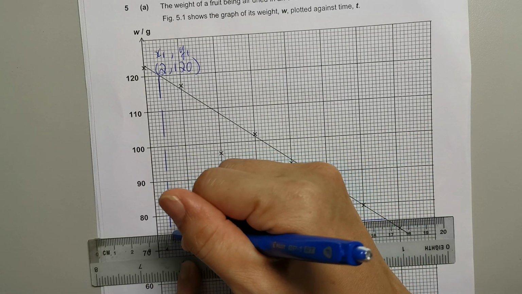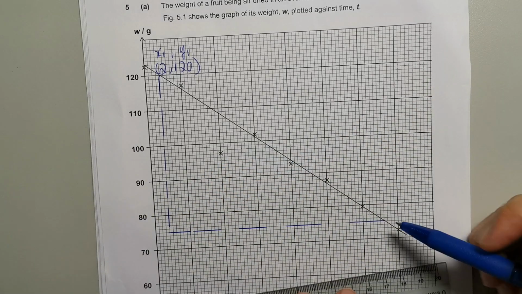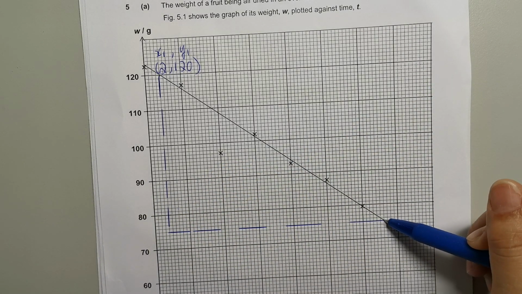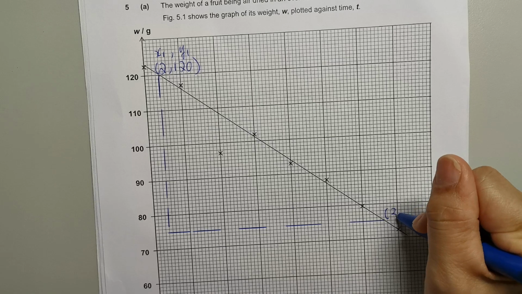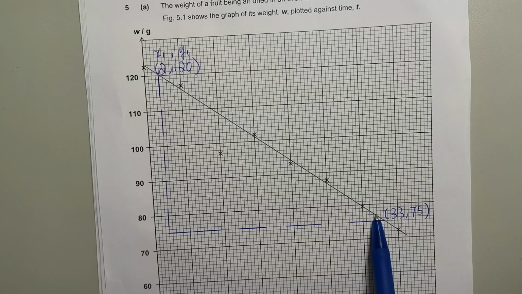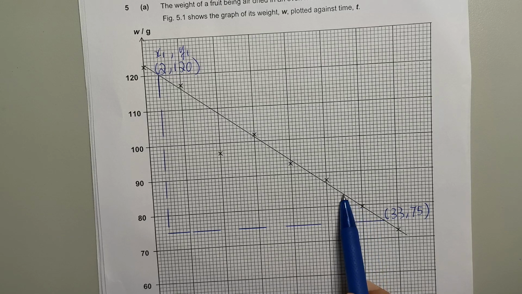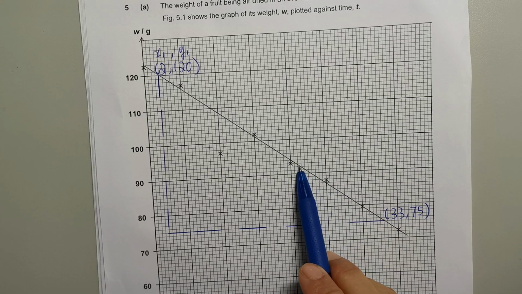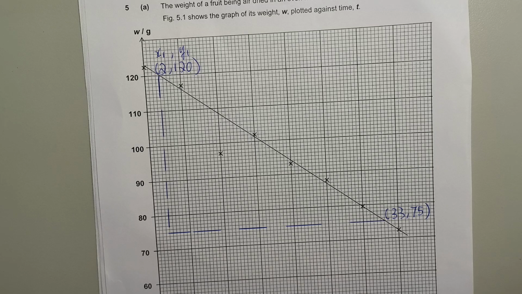It is important to know how to determine gradient. The coordinate for this point that I've chosen is 33. Actually, you can choose any other points along this line, as long as you can read the coordinates carefully. You should get an answer not far from the answer that I obtain later.